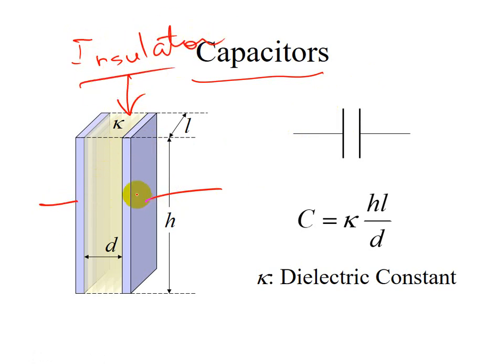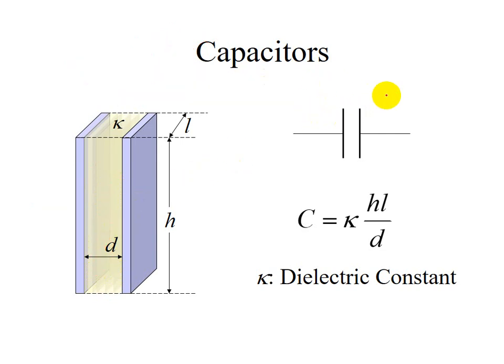You have an electrode on both ends and insulating material in between, and this kind of geometric structure we call a capacitor, and you can store charge carriers in this area. This structure is called a capacitor, and this is the symbol notation in your electronic design.